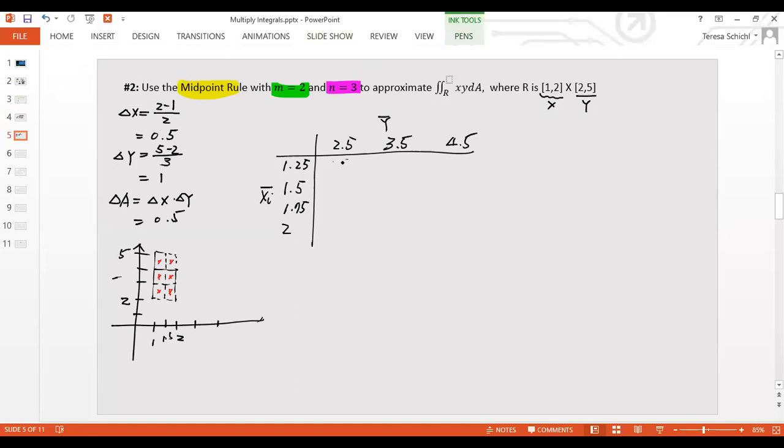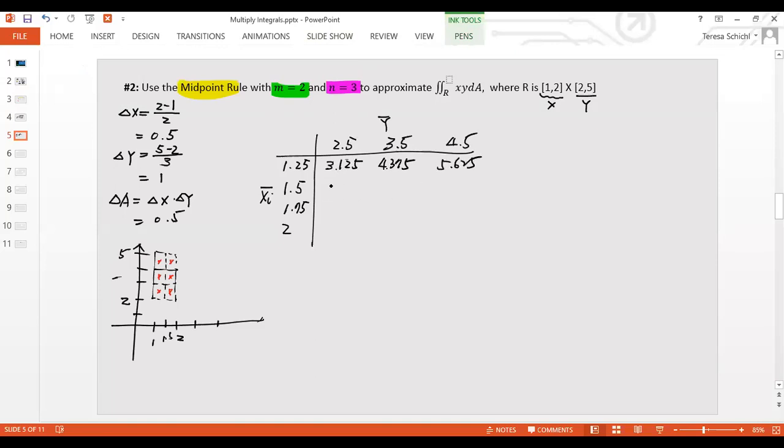Okay, so now in here, you can use my table from before. Some people use this table. Then here, this will just be x equal to 1.25, y equal to 2.5. So you will have 3.125, and then 1.25 with 3.5, you get 4.375. Then this one will be 5.625.